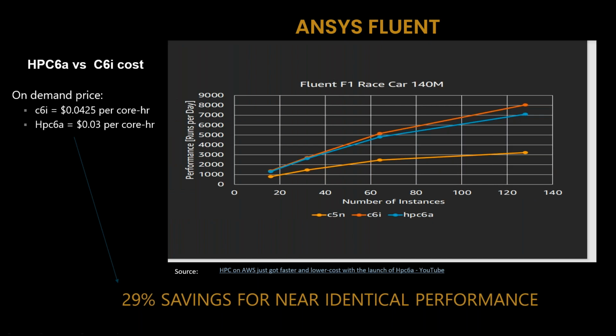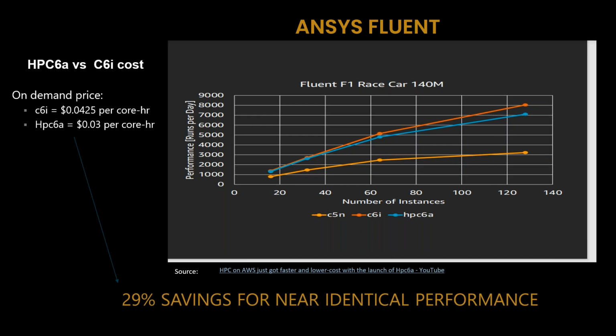An example of why we talk a lot about price performance, this is a classic benchmark done by the folks with ANSYS. It's the Fluent F1 race car. It's a 140 million cell model, and you can see that the Hpc6a is demarked here by the blue line over other alternative choices available on AWS.